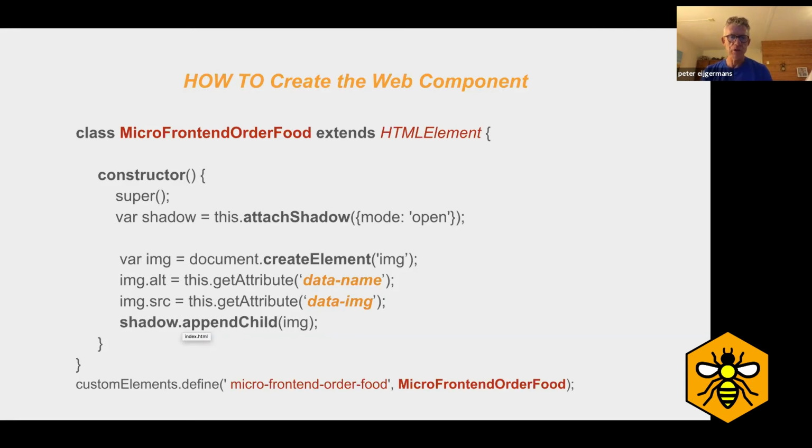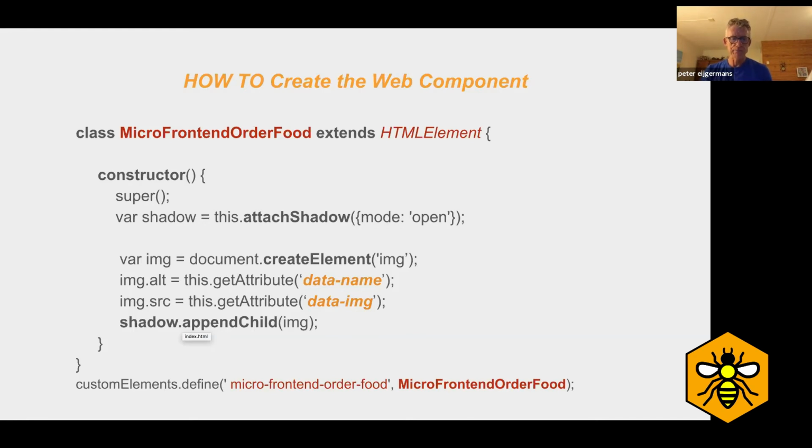And this is a view where you can render something. I want to render my image and a name. So I do document create element image. So I create and instantiate an image element, HTML element, and I attach here my data name and data image to it, and I append it to the shadow DOM, which is my view.